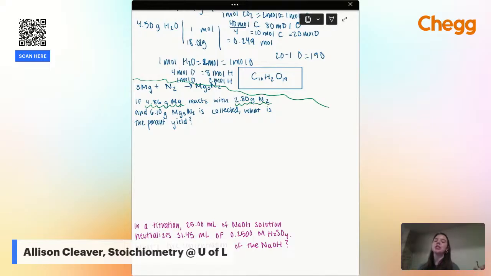And we're going to find out moles of Mg3N2 created or made. So I do 4.86 grams of Mg, 2.80 grams of N2, and we're just going to go to those moles because, again, to convert from one compound to another compound, we have to have that mole as the center point.